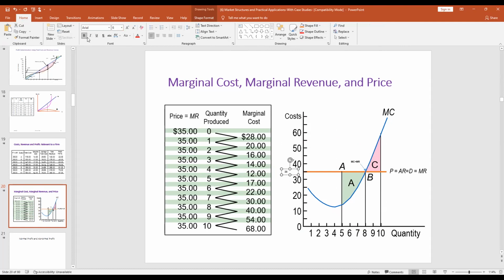Price is 35. Now can you calculate AR, MR? Tell me what is your AR, MR.